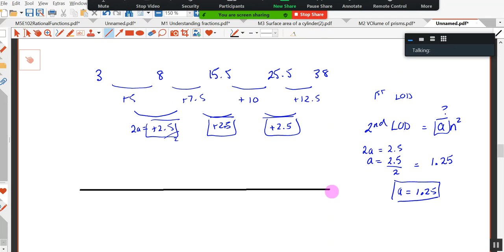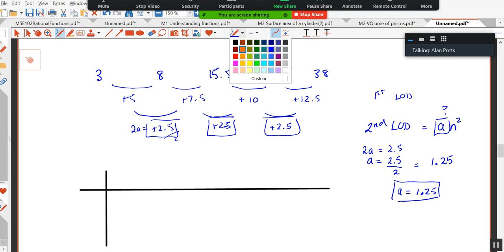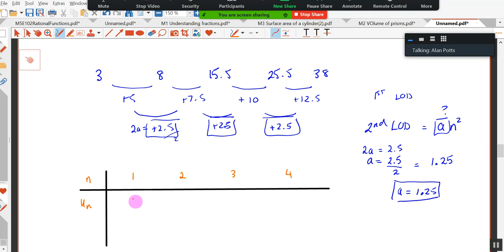We have to make a table of values. So I know that my n being 1, 2, 3, 4, 5, well, Un is 3, 8, 15.5, 25.5, 38, okay?